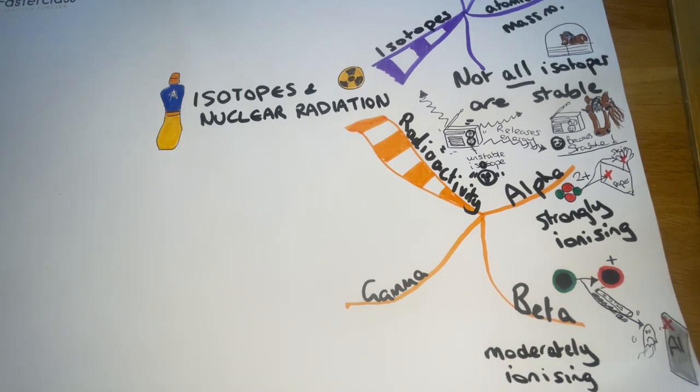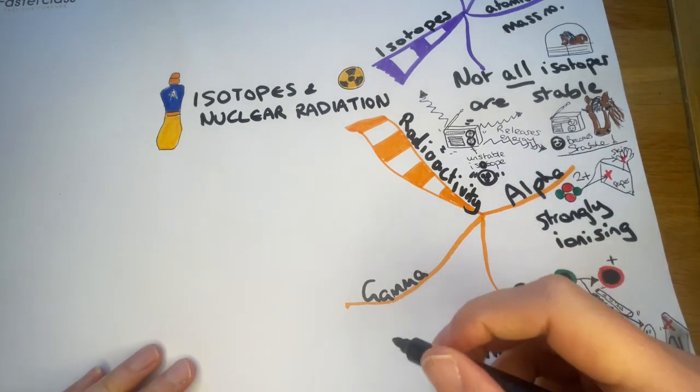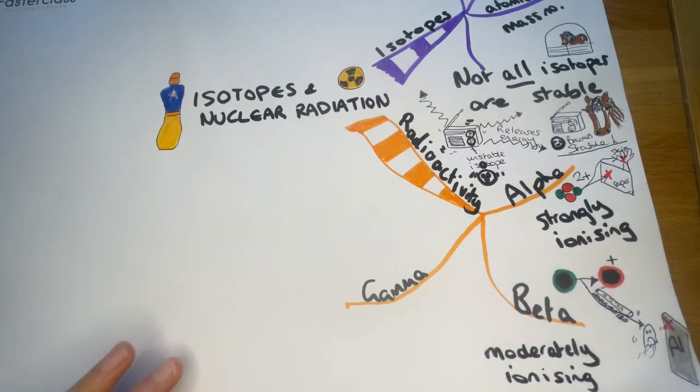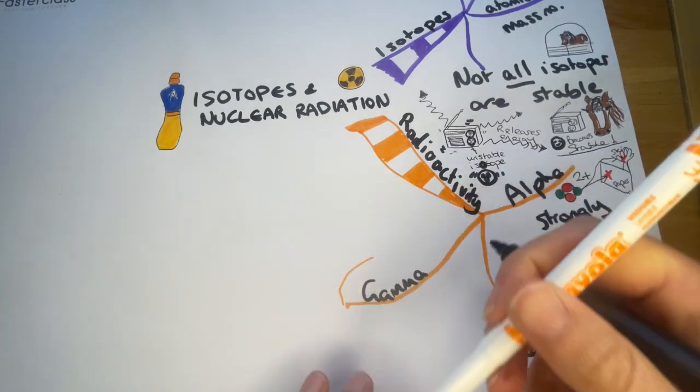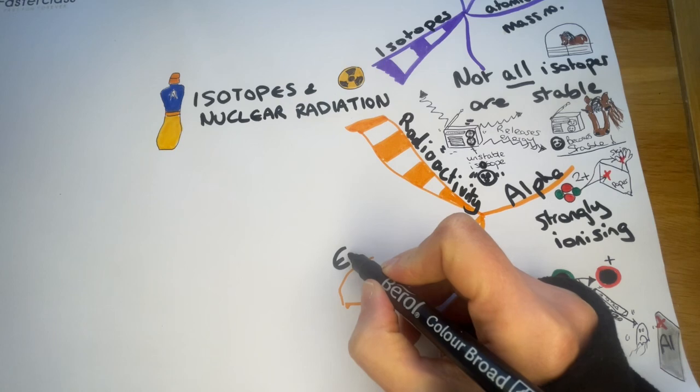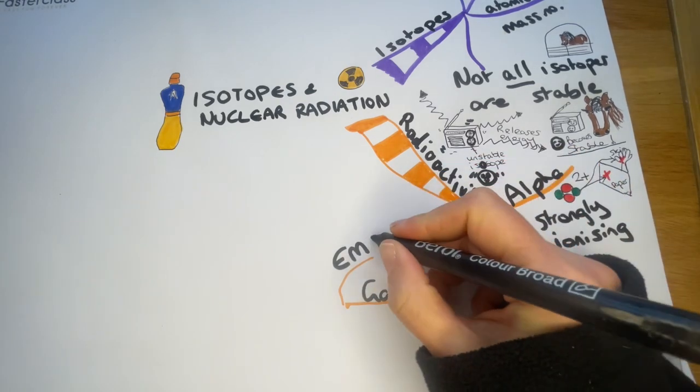The last one we have is gamma radiation, which you've probably heard of. Gamma radiation, if you've already done my EM spectrum, is an electromagnetic wave. It's an EM wave.